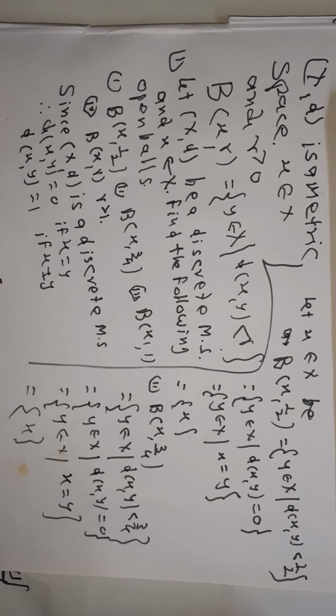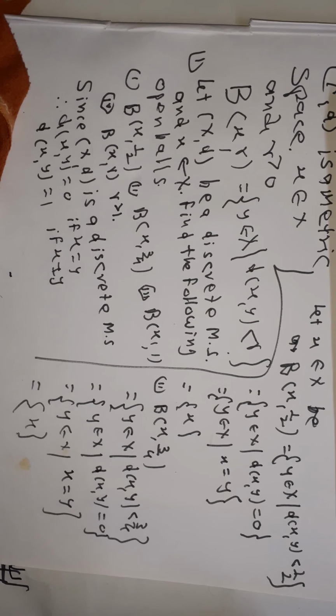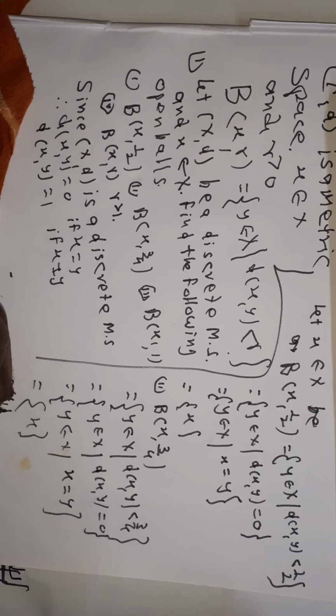So ball B(x, 3/4) is equal to the singleton set {x}. Similarly, the open ball centered at x and radius 1 is also equal to {x}.